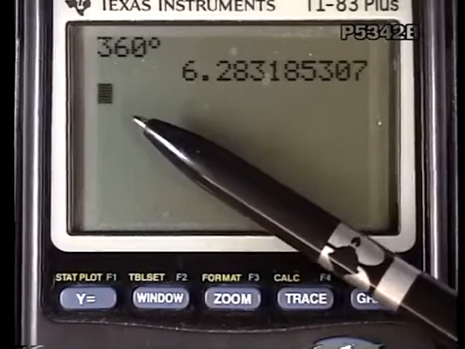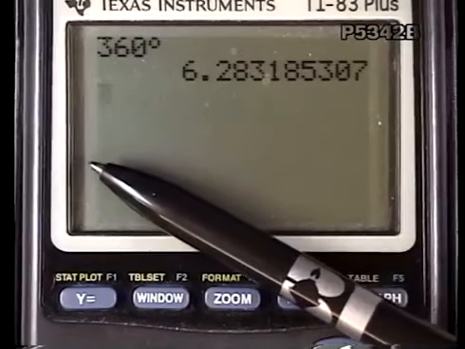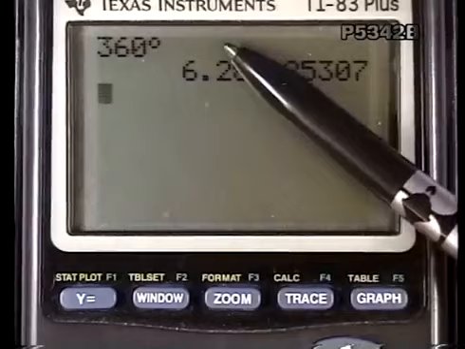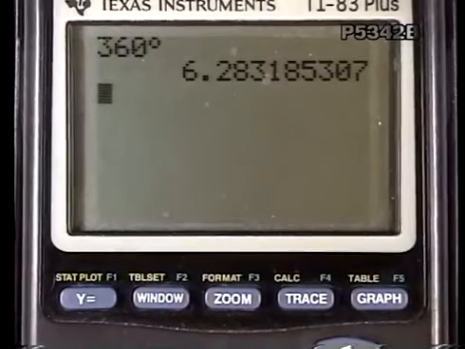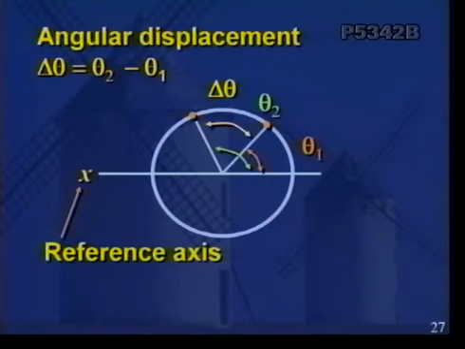If I have the mode set on angles, then I want to have radians to degrees. So you have to be careful with that and make sure that you have your calculator set right. The more you do it, the easier it becomes, and the more you get in the habit of setting your calculator every time. All right, angular displacement.